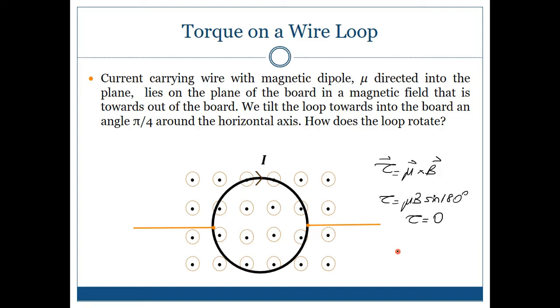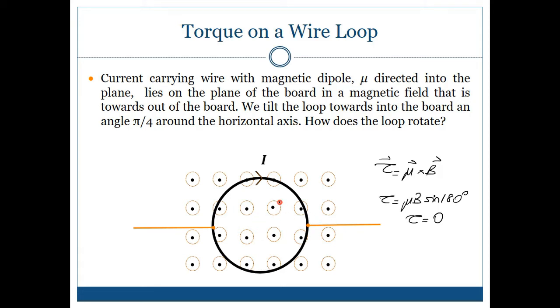Okay, I hope you have an answer by now. Well, you could calculate mu cross B and see what the torque direction is like. What you could also say is that mu will want to align with B, right?